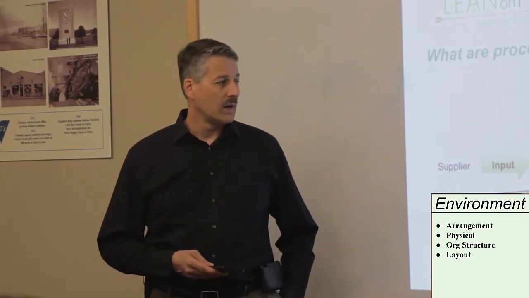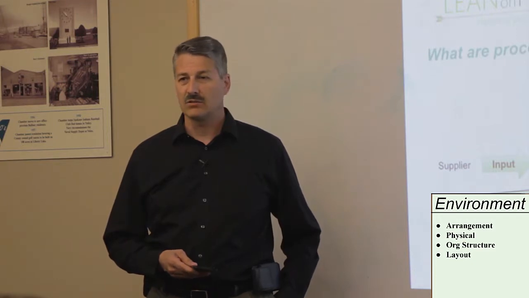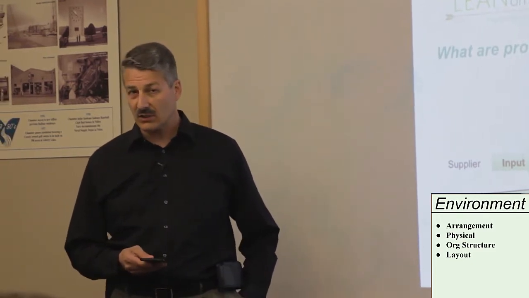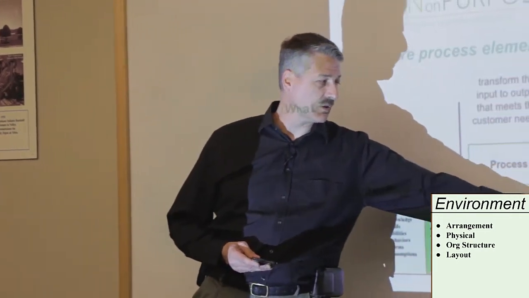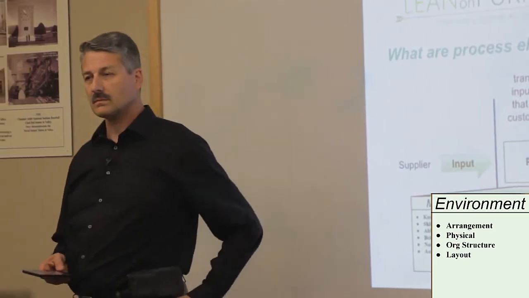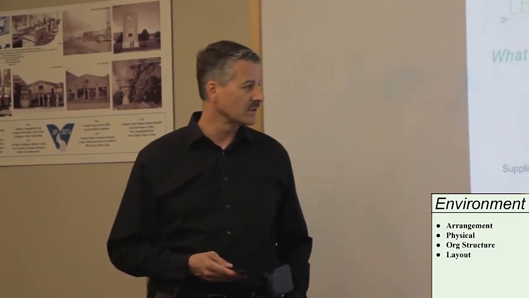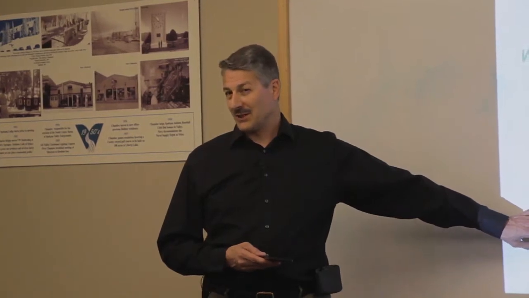So that can be everything from the physical layout, temperature, humidity. Again, those things are more manufacturing oriented, but can also have to do with the org structure of how you're operating in your business as well. So I kind of dumped a whole lot of stuff on you there.